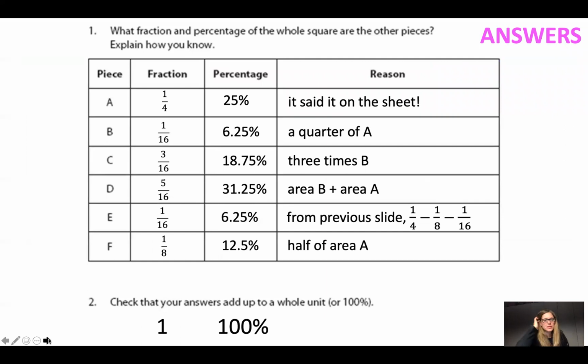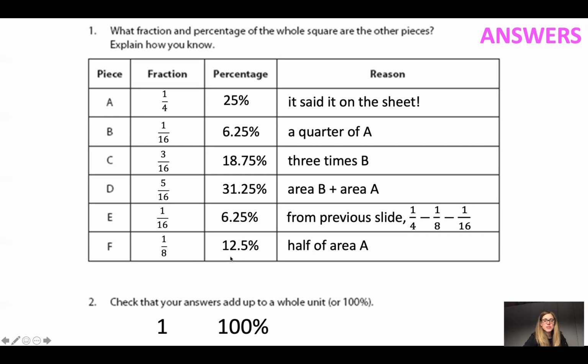You were told that as information on the sheet. 1/16, or 6.25%. 3/16, 18.75%, 3 times B. 5/16, or 31.25%, that's area B plus area A. 1/16, same as B, 6.25%, and then you can see 1/4 subtract 1/8 subtract 1/16, and finally F 1/8, or 12.5%.